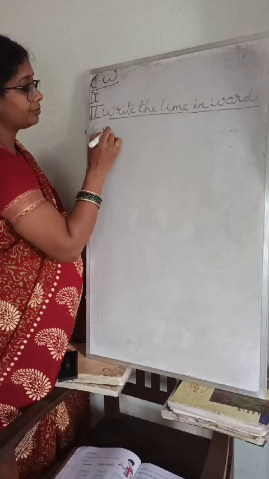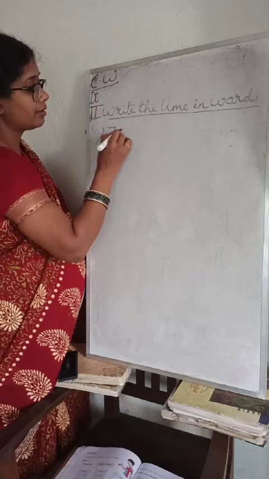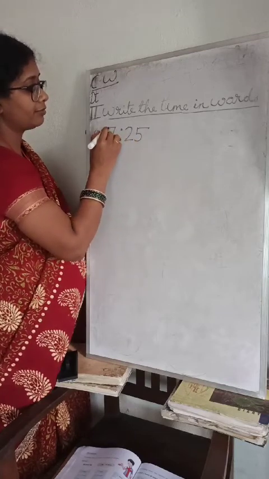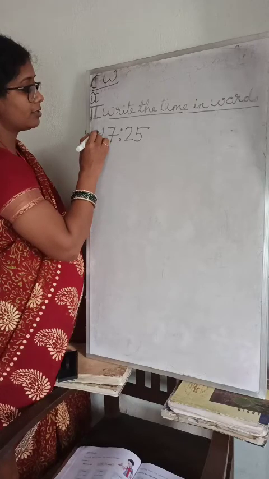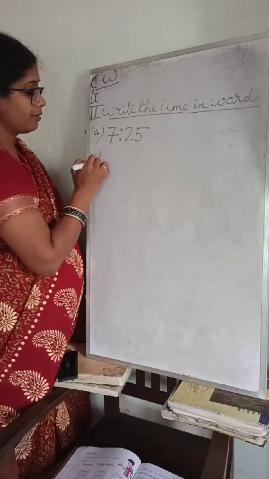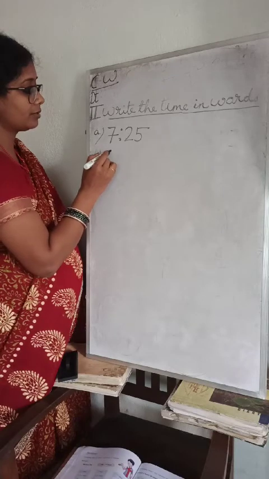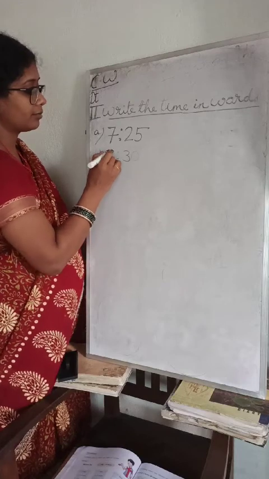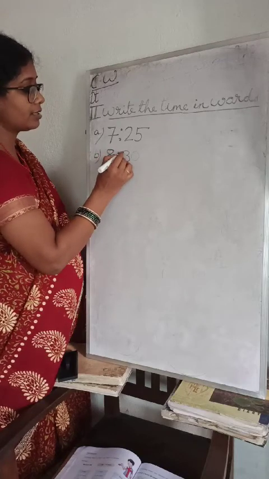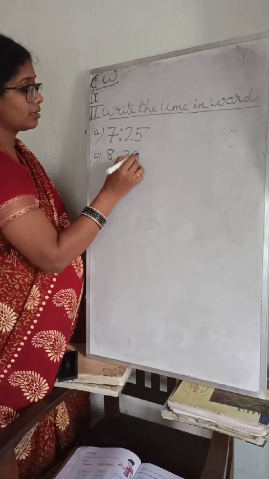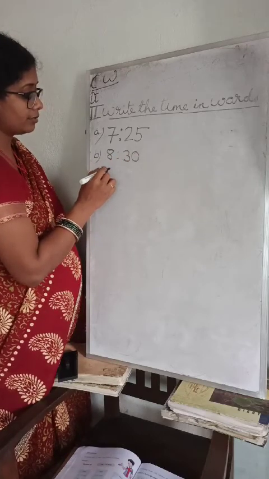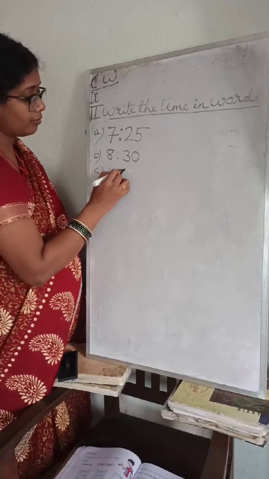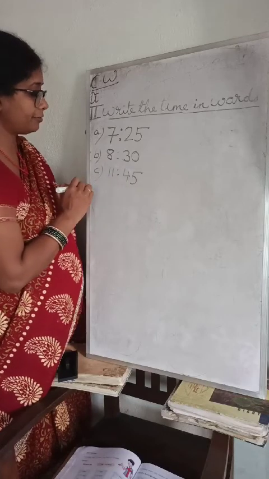So the first one, A, is 7:25. B is 8:30. Then C is 11:45.